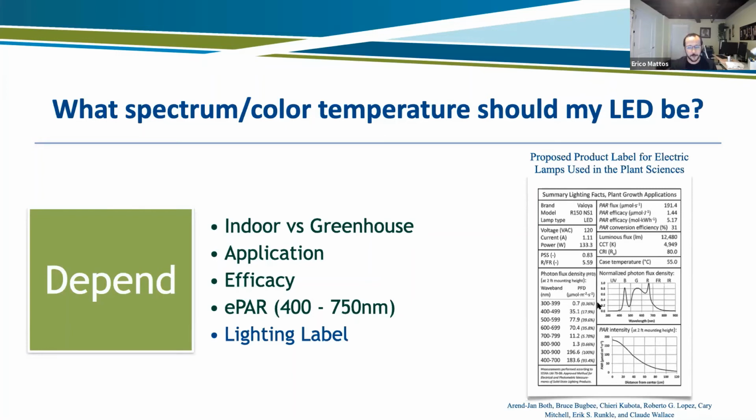There is a lot here. I'm not going to have time to unpack it, but take a look at that. Look for this paper, Proposed Product Label for Electric Lamps Using Plant Sciences. There is a lot of information there, and I'm happy to talk more about all of that at the end of the presentation.